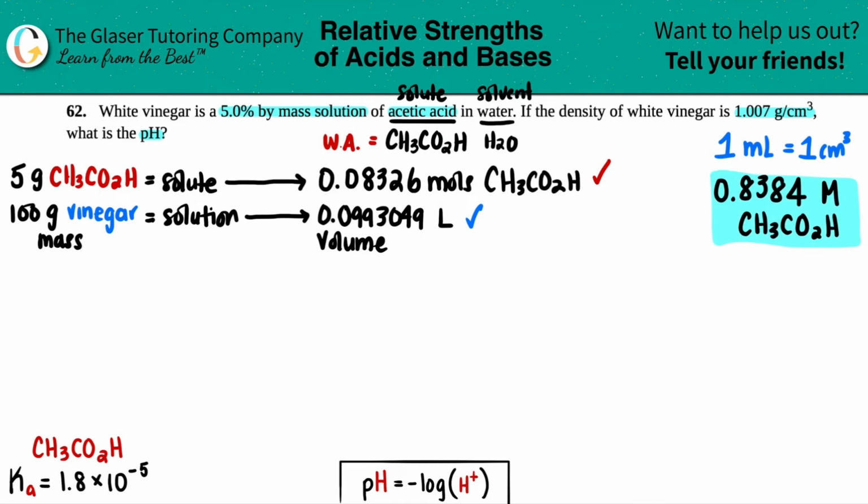Now I'm going to make my balanced equation with my acetic acid, because that's the acid that ionizes. The trick with acids, which is great, is that you could always write the acid down, CH3CO2H. And since this is a weak acid, it will be at equilibrium, so I do need to see those double arrows. With acids, it's pretty easy to write the balanced equation because you just strip away the hydronium ion.